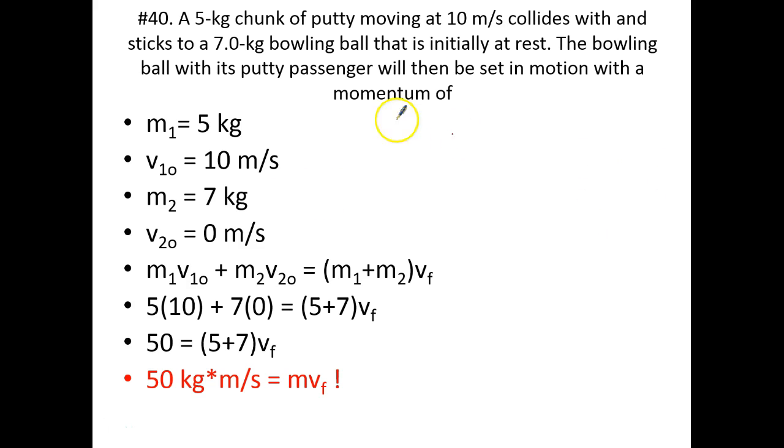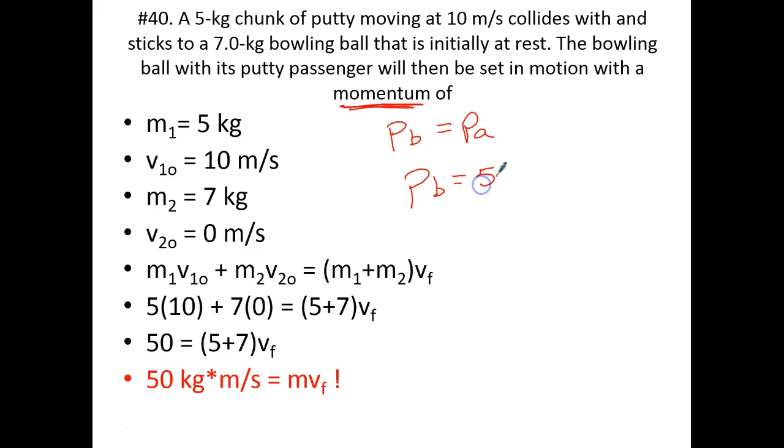Okay, and then this is the last one. This is number 40. You have a 5-kilogram chunk of putty moving at 10, and it sticks to a 7-kilogram bowling ball that's initially at rest. The bowling ball with its putty passenger will be set into motion with a momentum of, and you could look at all this math if you wanted to, but I think if you just do it conceptually, it's a lot easier. So the momentum before should be equal to the momentum after, or you could put original and final, totally up to you. So let's figure out what the momentum is before the collision.